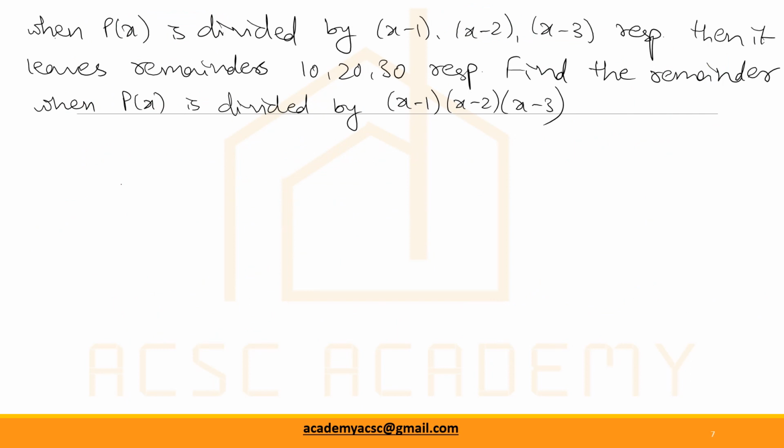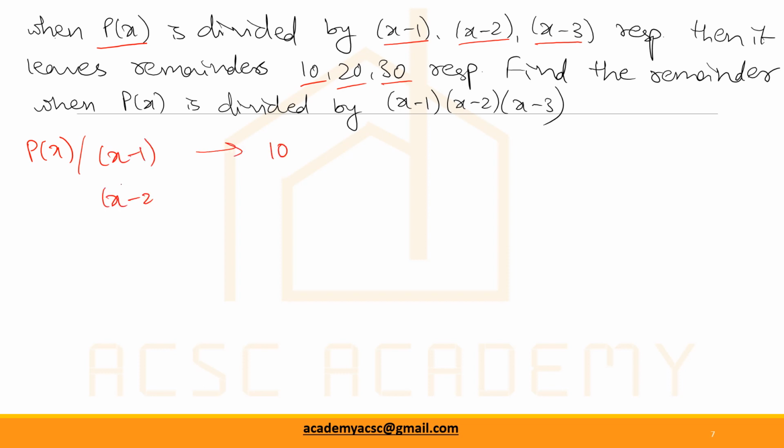This question is saying that we have a polynomial p of x that when divided by x minus 1, x minus 2 and x minus 3 respectively, leaves the remainders 10, 20 and 30 respectively, which means if you divide p of x with x minus 1, then the remainder will be 10.